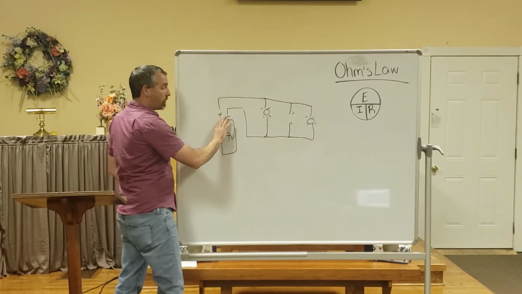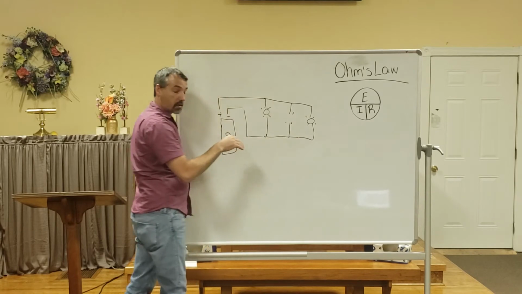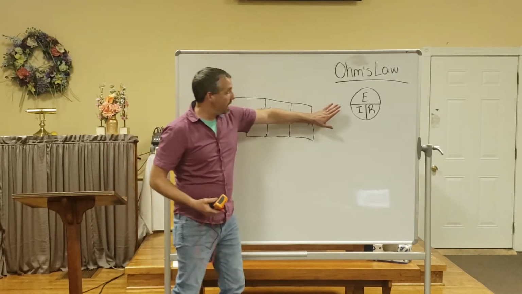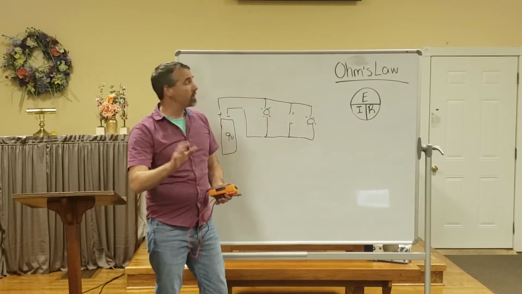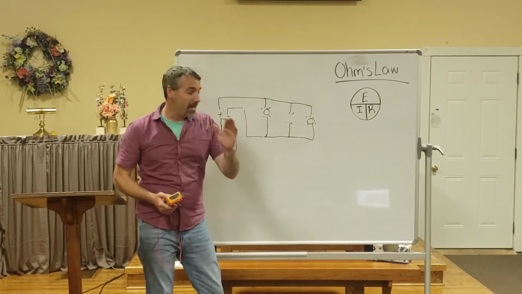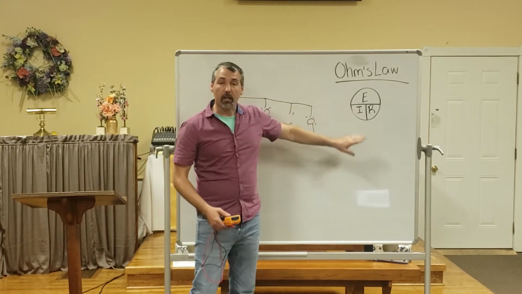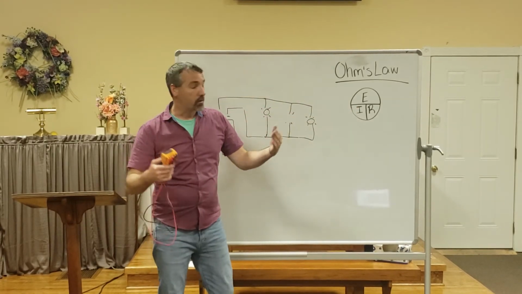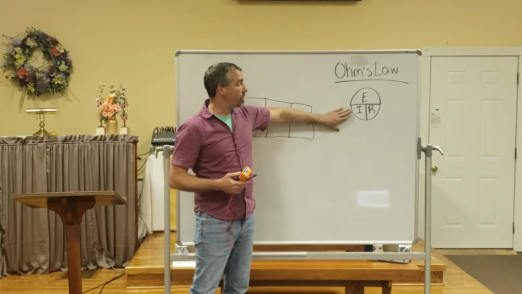So voltage pushes the electrons through. Current is the flow of electrons. In Ohm's law, they represent this by I. So you need to make sure you write down in your notes that I in Ohm's law represents current. Current is amps or amperes. Make sure you have that in your notes. Current is I in Ohm's law.